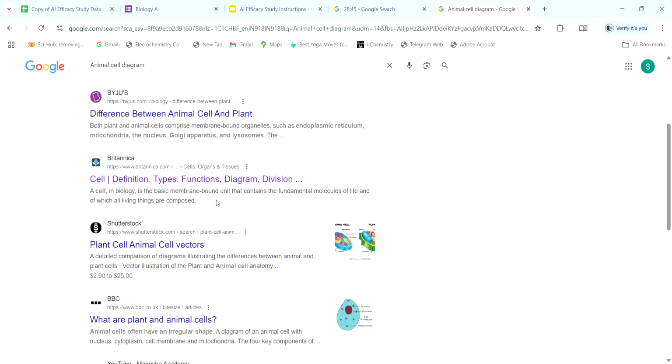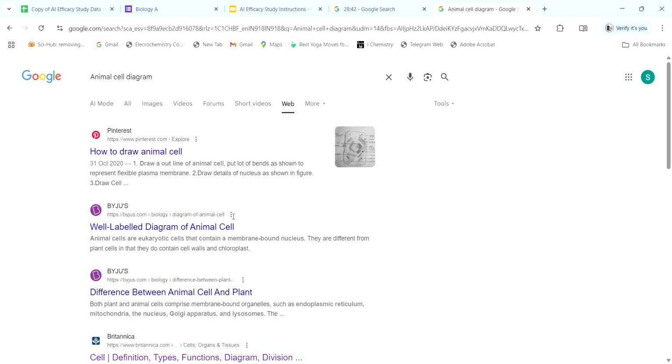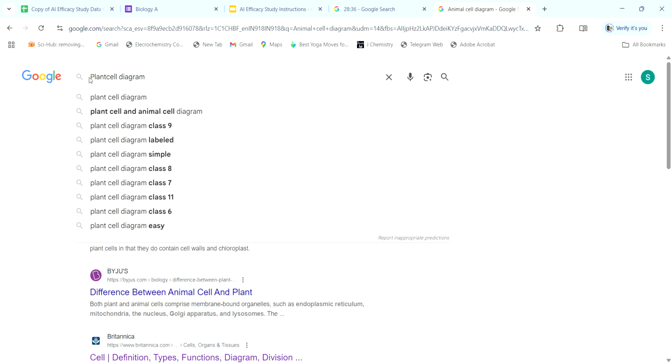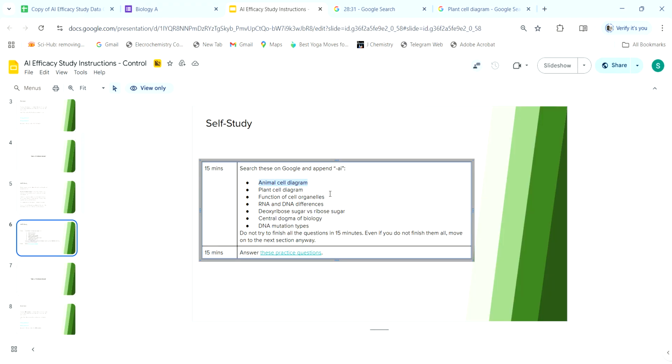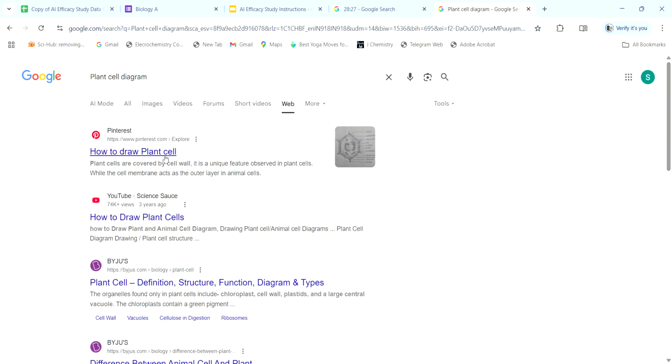Now, what is a plant cell diagram? I think the next question is the plant cell diagram. Yes, plant cell diagram. So this is the plant cell diagram.